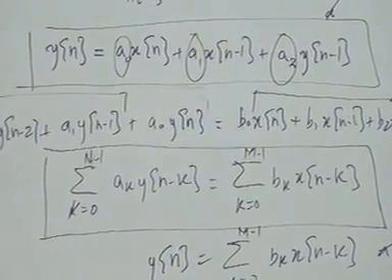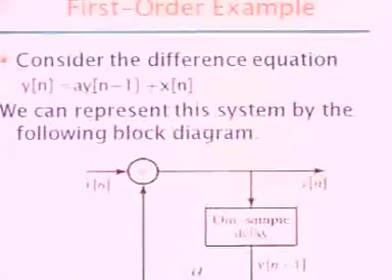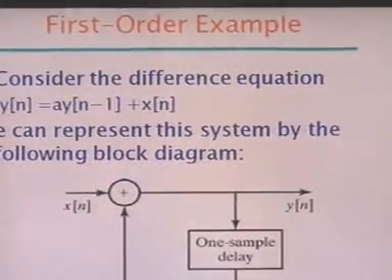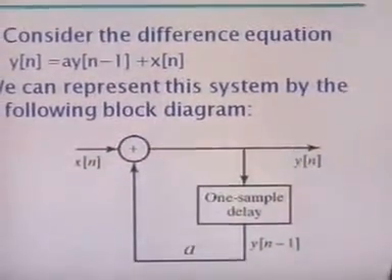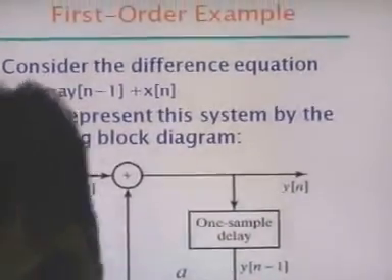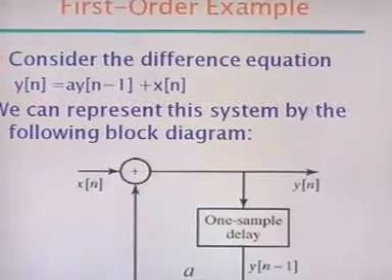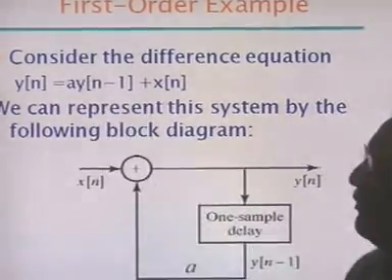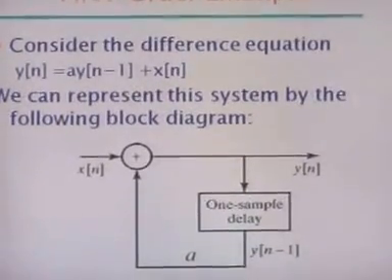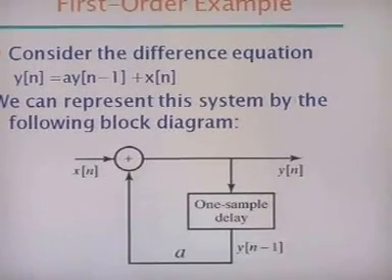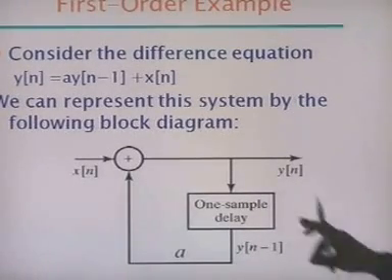So here is an example of a first order difference equation. Why is it first order? Because we have the y of n minus 1 term. This type of system is basically an autoregressive system, because we have just x of n, y of n and y of n minus 1. So we have a feedback term, the feed forward term is not there. If you want to make a block diagram for this, it will be something like this.